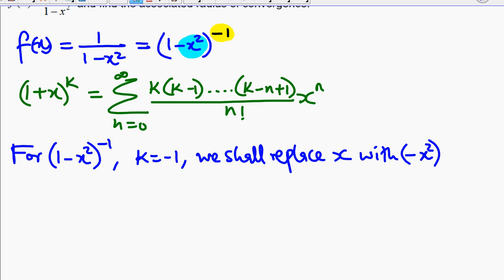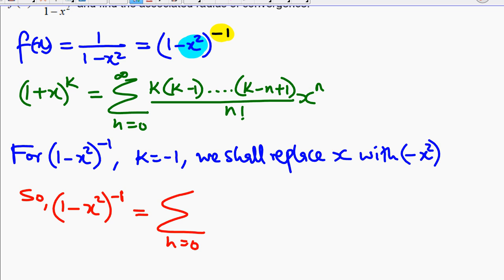So what's going to happen is, 1 minus x squared to the power negative 1 will be equal to the sum from n equals 0 to infinity. Now we're replacing k with negative 1, so that will be negative 1, negative 2, negative 3, all the way up to negative 1 minus n plus 1.